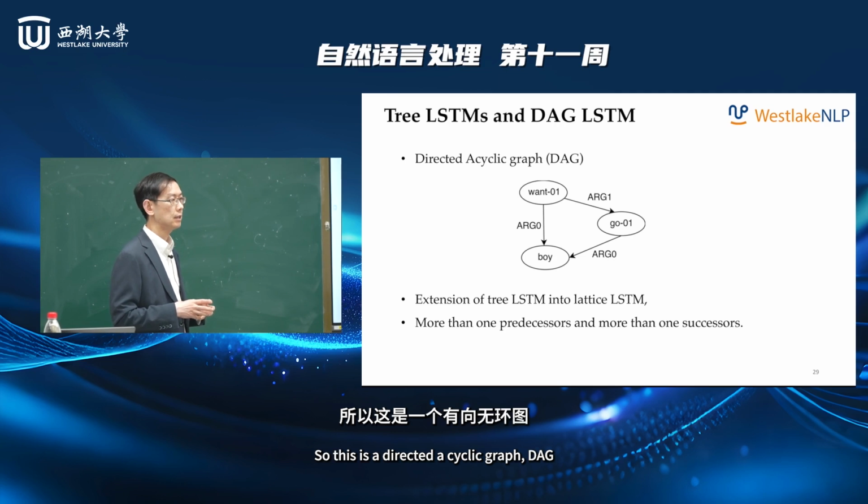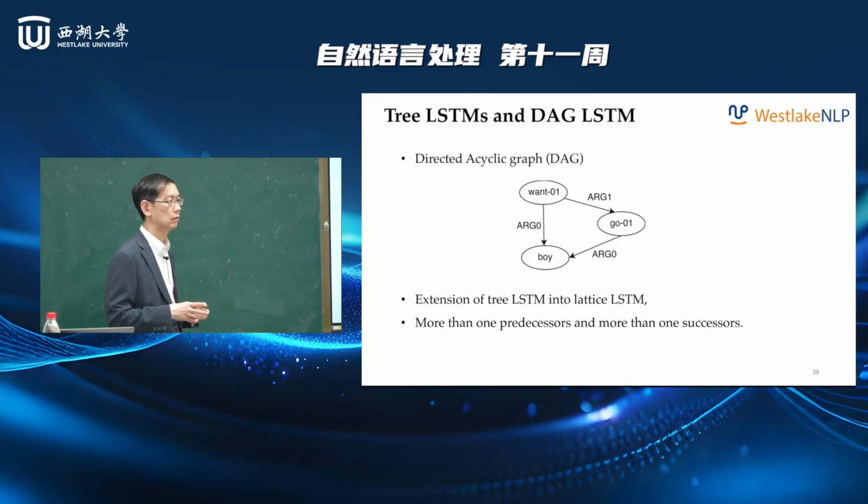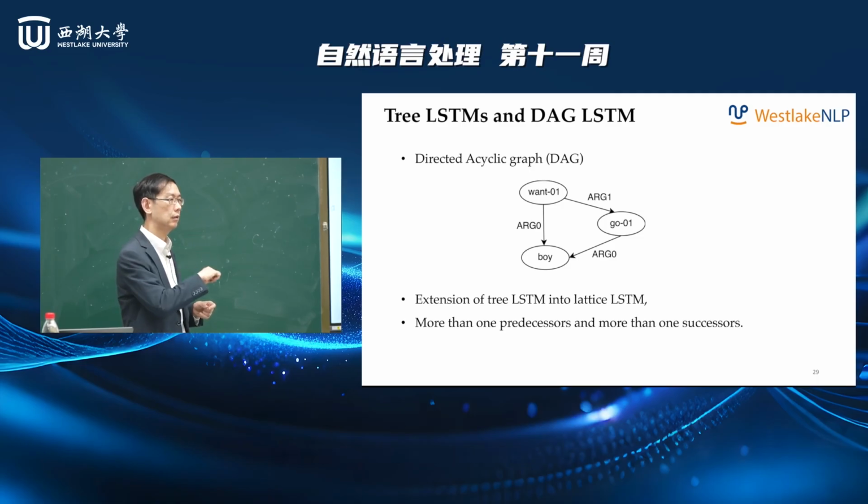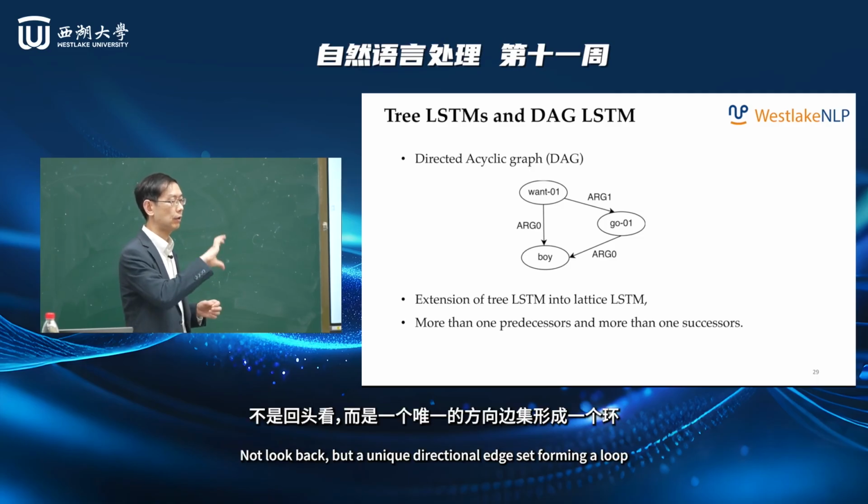So this is a directed acyclic graph, DAG. For DAGs, you can have loops, but these loops are directional. Not a loop back, but a unidirectional edge set forming a loop.